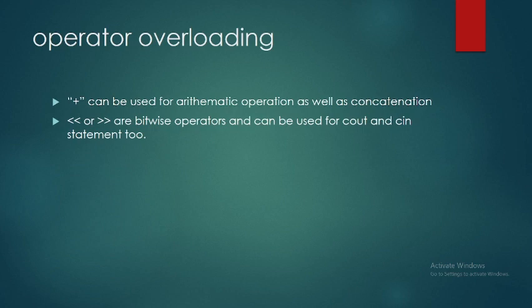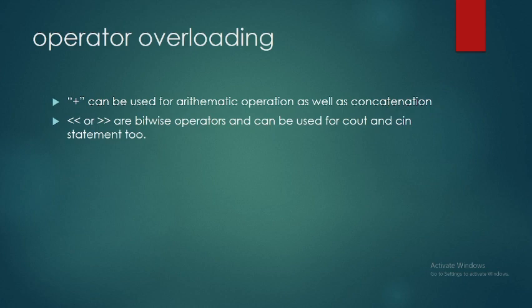After overriding comes overloading. There are two types of overloading. One is operator overloading, and the other is function overloading. Let's look at operator overloading first. The plus symbol can be used as an arithmetic operator for adding two numbers, integers or floats.